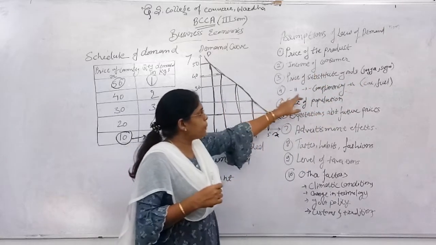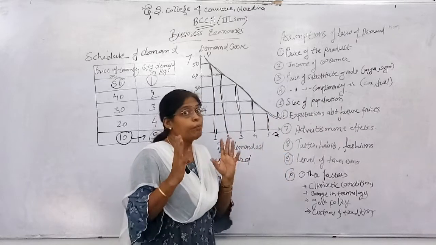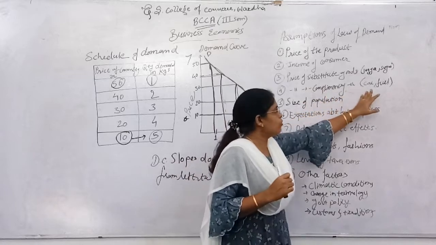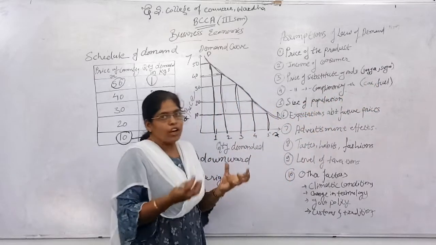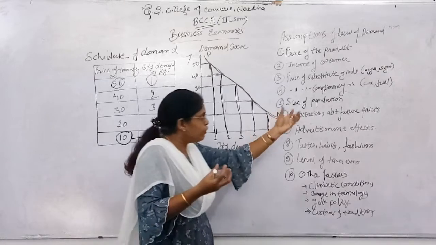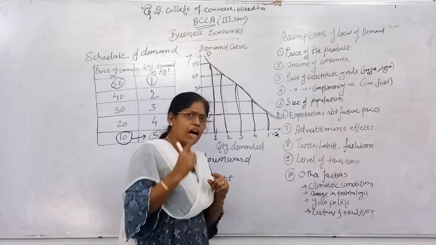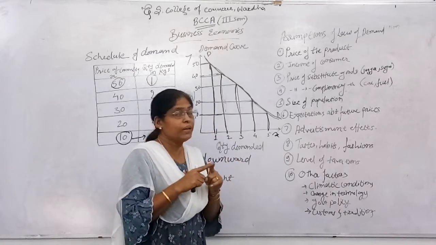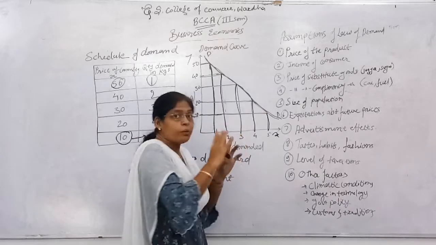Then we come to the price of complementary goods, which is also one of the important elements of the assumptions. Here we will take the example of car and fuel. You need fuel to drive the car. But if the prices of fuel are too high, the consumer will not buy cars.